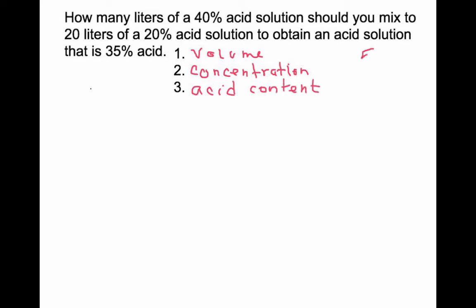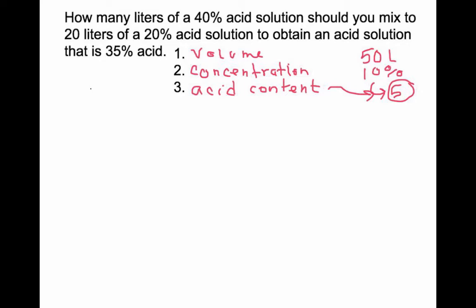If I have 50 liters of a solution, and I know that it's 10% acid, then I can multiply those. 10% of 50 liters is 5. So this would be my acid content. So if we know the volume and we know the concentration, then we can multiply those to figure out the acid content. Okay, so that's going to be important.